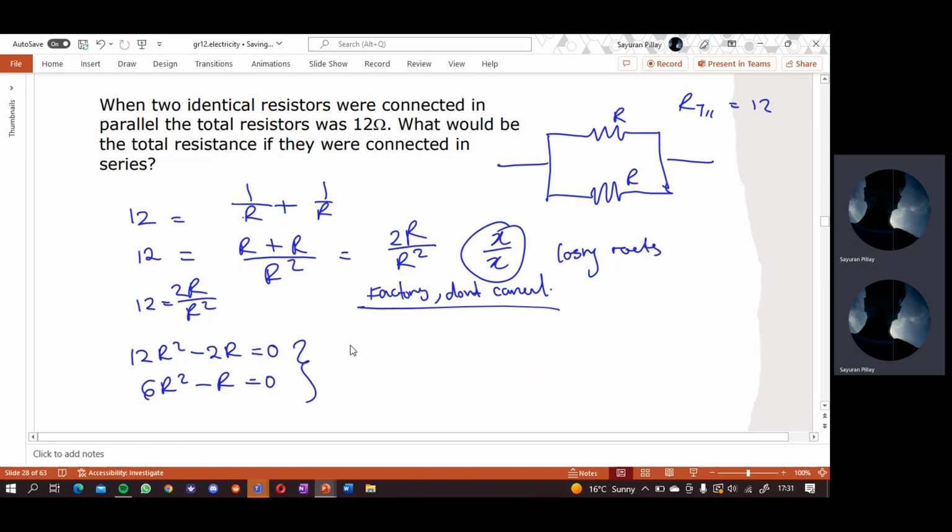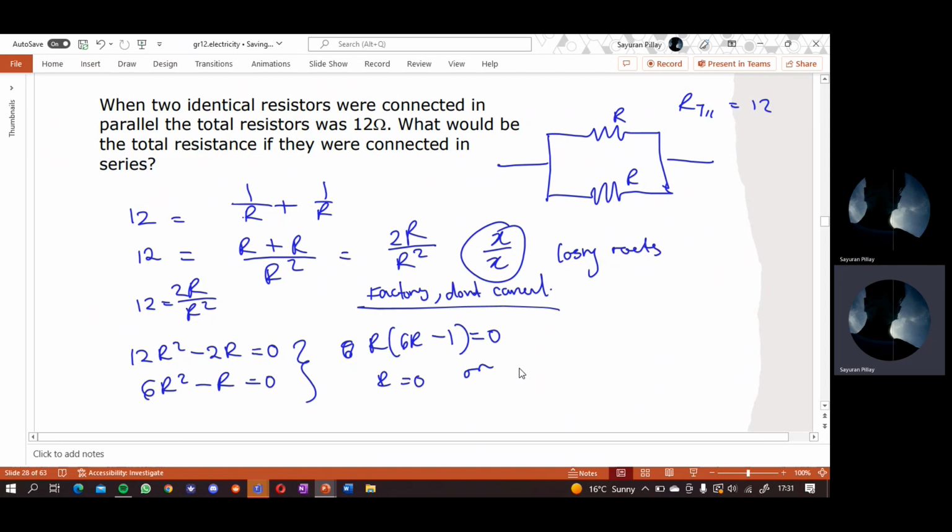Now let's continue with this. R is a common factor, so R times 6R minus 1 equals 0. R equals 0, or 6R minus 1 is 0, which is just going to be R equals 1 over 6.